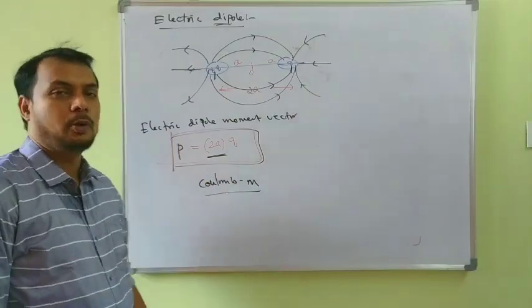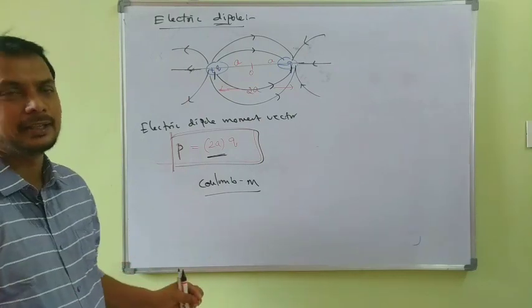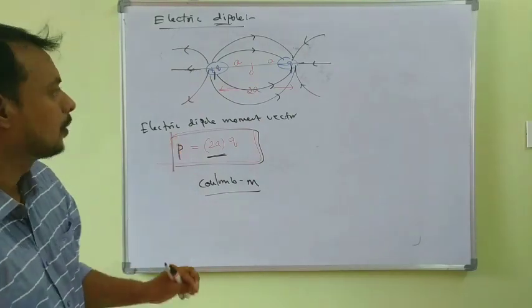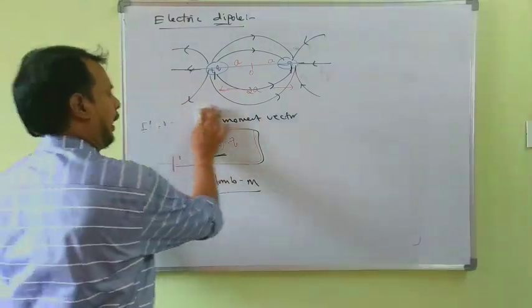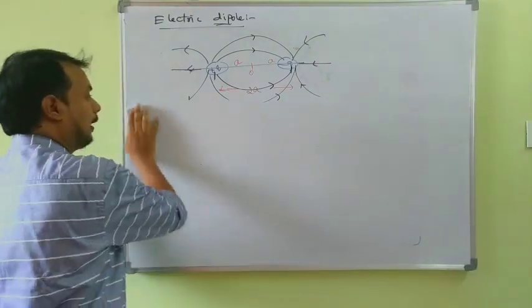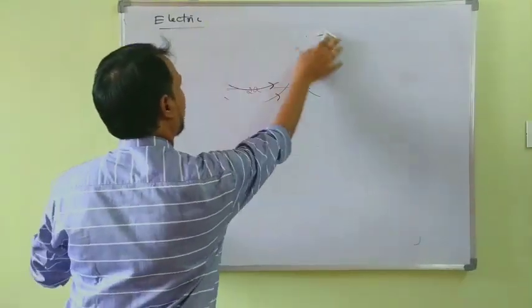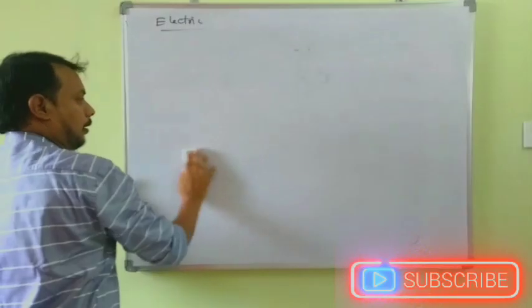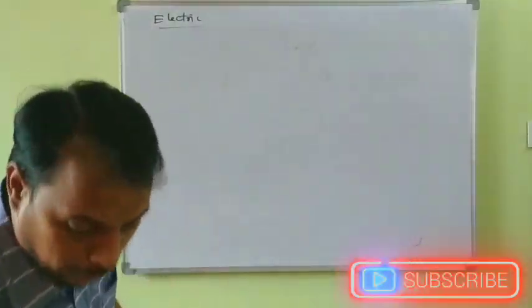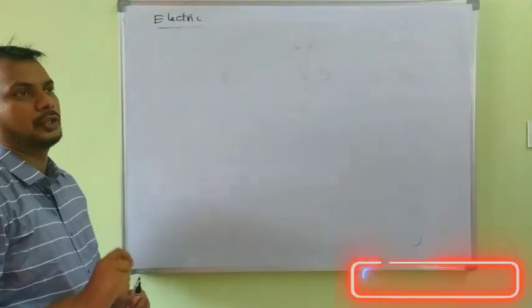Okay. Now we'll discuss the electric field intensity due to an electric dipole. Before calculating it, let us first see the electric field intensity due to a single point charge.